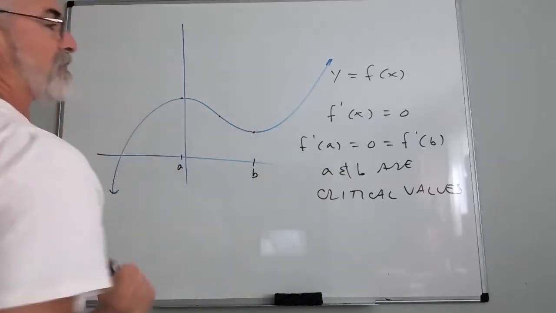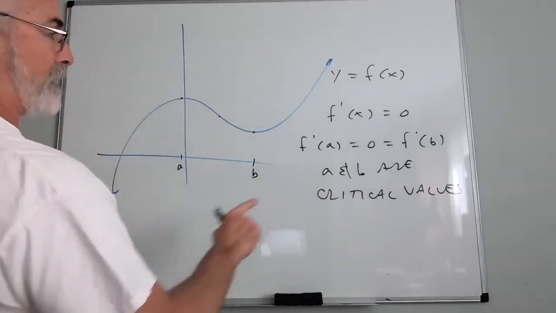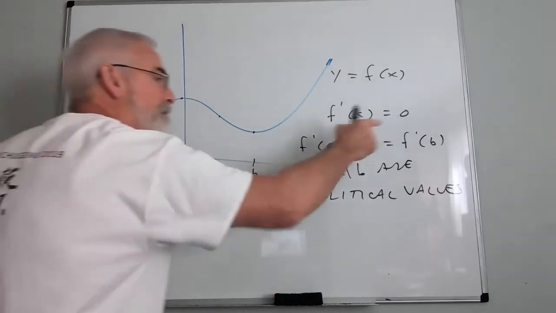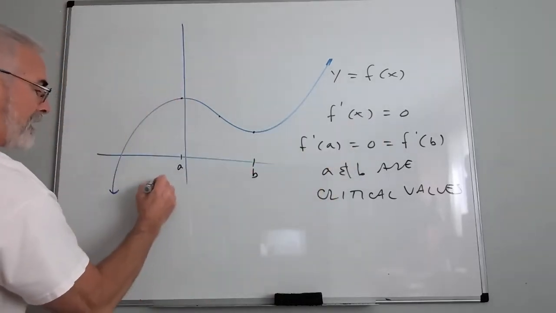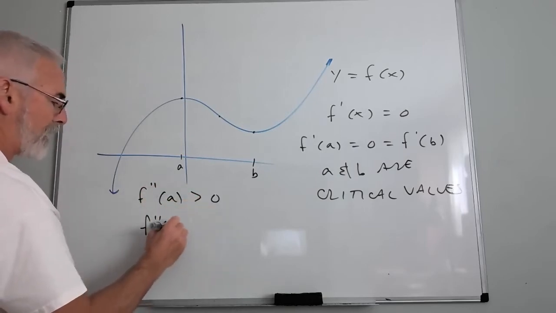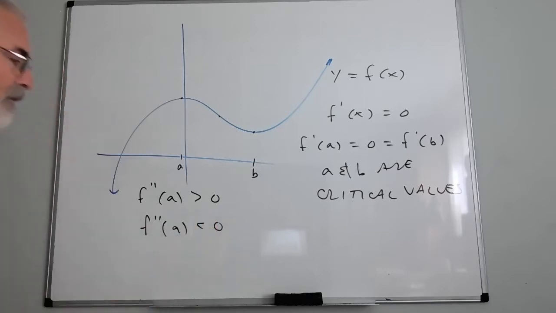But there's a second derivative test, if you remember, in Calc 1. And the second derivative test was if A and B are critical values, if f double prime of A is positive or f double prime of A is negative, I can tell you a lot about what's going on.